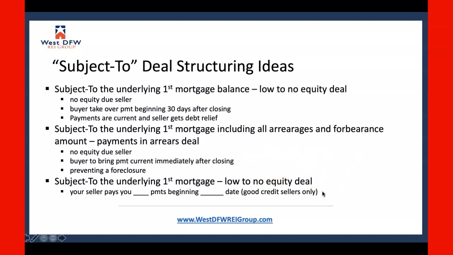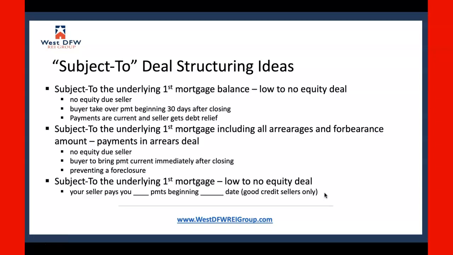Okay, so again, you negotiate how many payments you feel you need to make up for the fact that it's low to no equity, and the date that they're going to start, and the agreement in the note, and then make sure that they pay those payments.